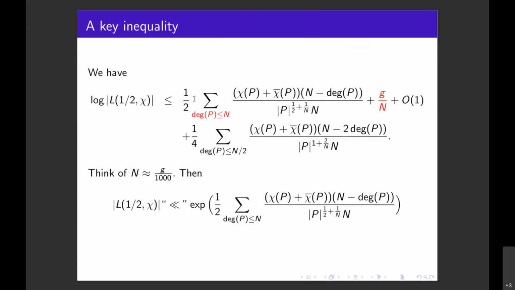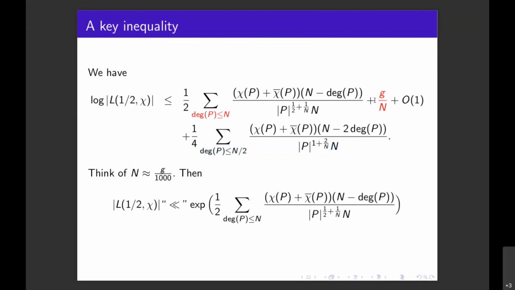Here we have the sum over primes. I have flexibility in how long this sum is going to be. Let's say we truncate at some point n. Then we have the contribution from prime squares, which I wrote over here. This is the only place where I actually wrote the contribution from prime squares. From now on, I will ignore it, although it's not necessarily very easy to deal with.